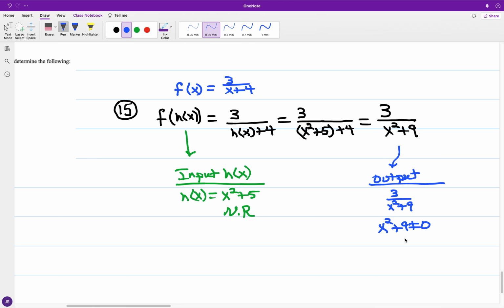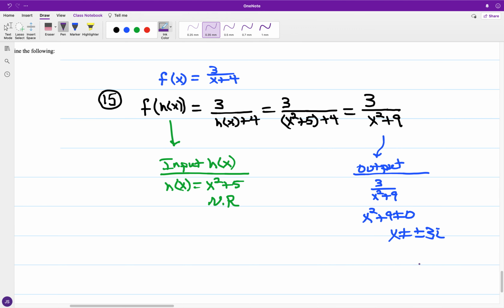If I set x squared equal to negative 9, we have the exclusions being plus and minus 3i. So what this means is that we're not working with the complex number system anymore, so you have no real exclusions.